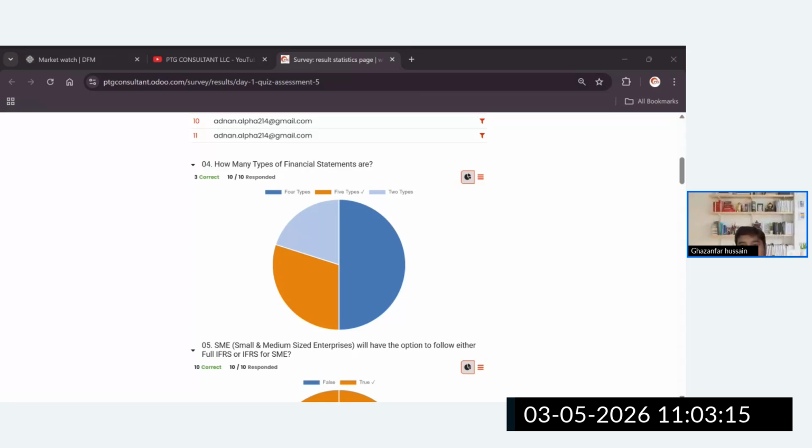We are covering it at a level where participants from both backgrounds can understand easily. Participants from an ACCA or CA background already know about this, but still the answer to this question is not correct. So here I'm going to share the same file again.